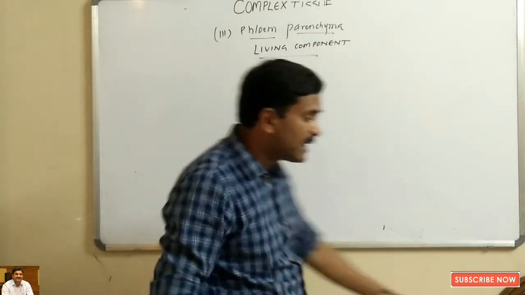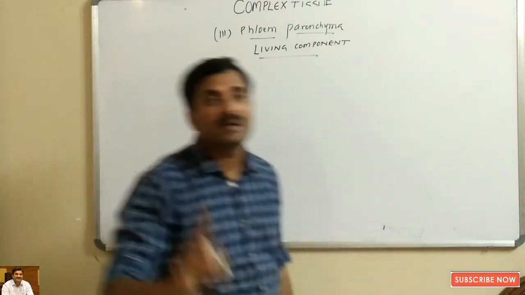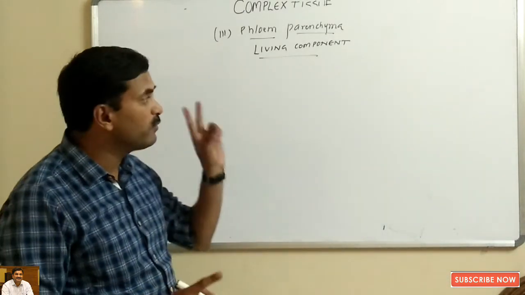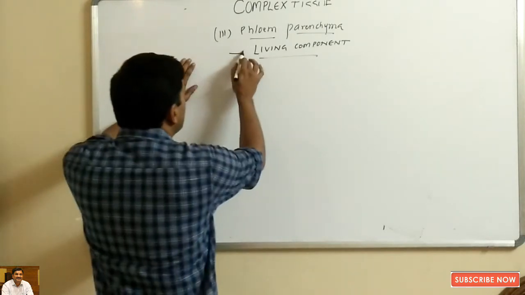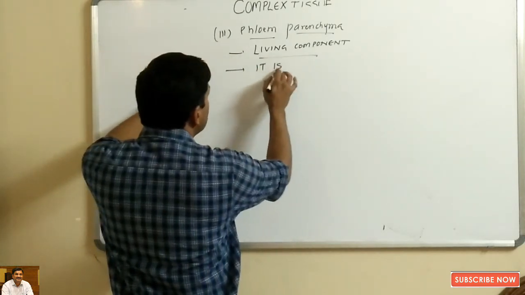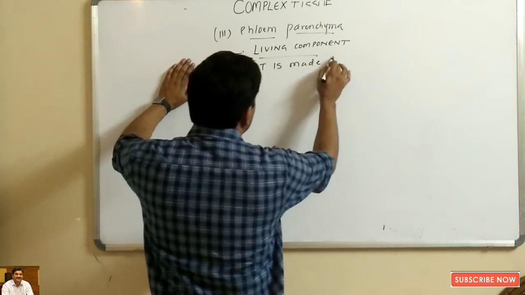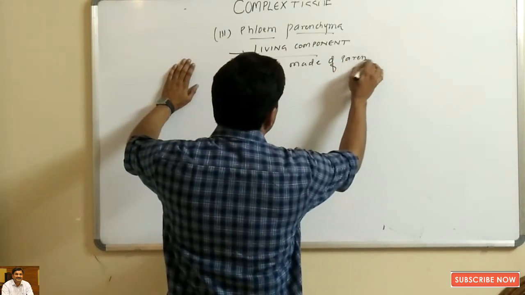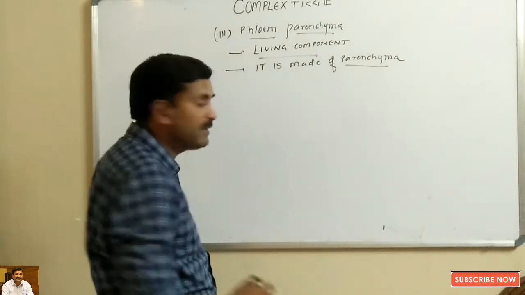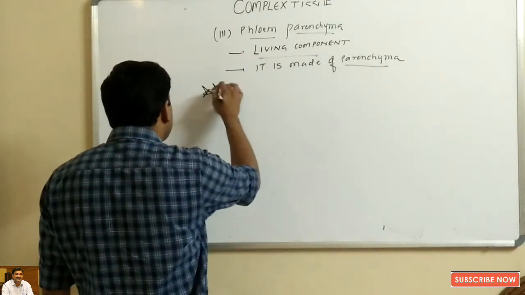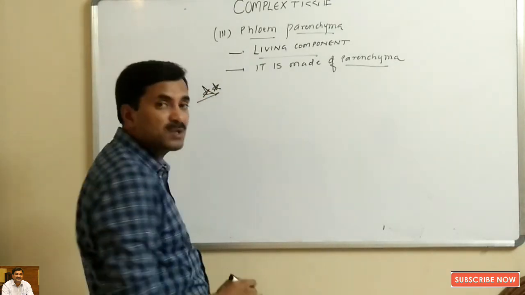Just now you have studied the sieve tube elements and also the companion cell. Both were living, and this is the third component that is also living. As the name is indicating, it is made of parenchyma, and we know very well that parenchyma is a living tissue.